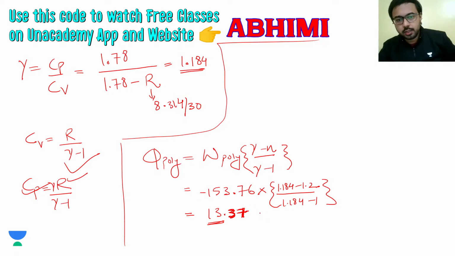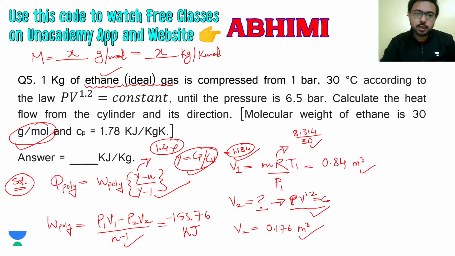This will give us the answer in kilojoule, and we have to find this in kilojoule per kg, so just divide by 1 kg. So our answer is coming out as 13.37, which is correct as matched by the answer key.